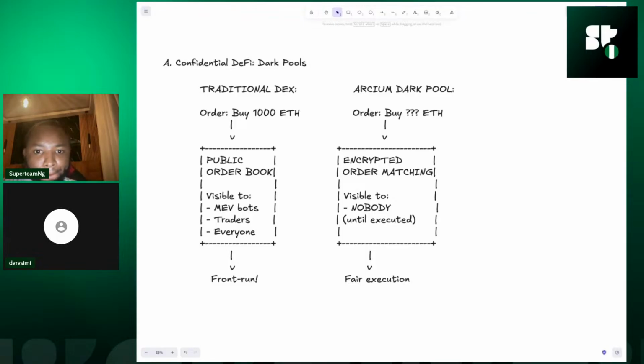So here is a dark pool. I'm building a dark pool as a side project. Here you can see how traditional DEXes work. You can tell what somebody wants to buy because this data exists in plain text on the blockchain.